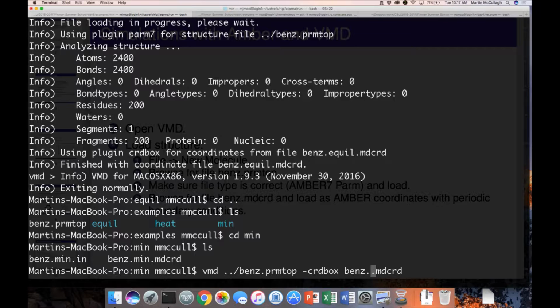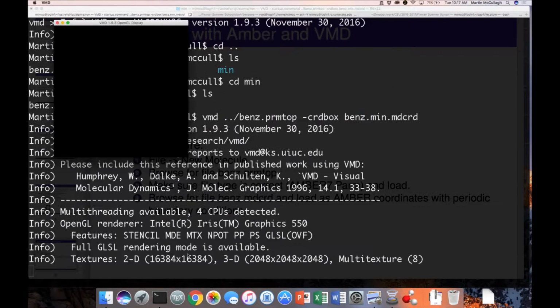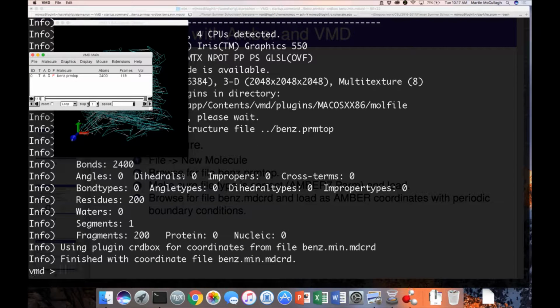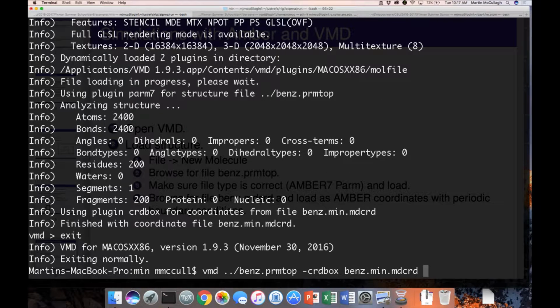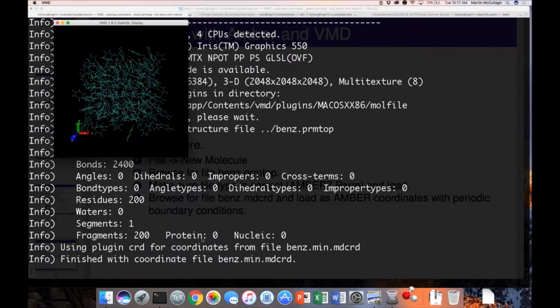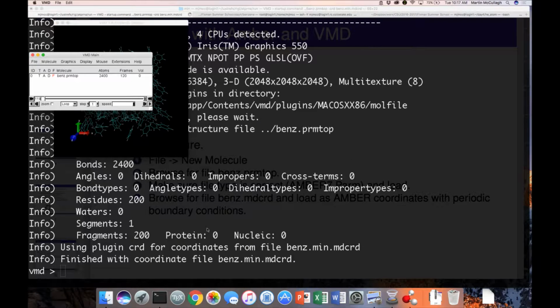Hopefully this works here. So this one you want to load without periodic box. There we go.